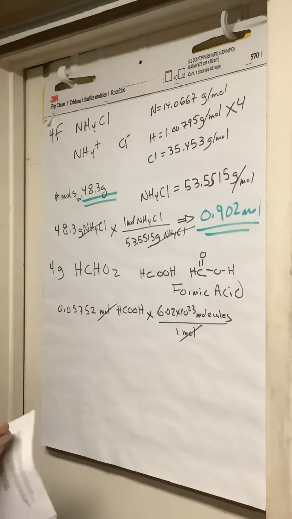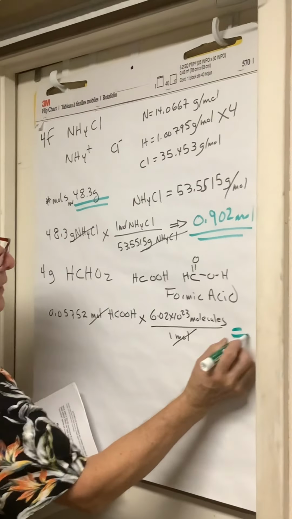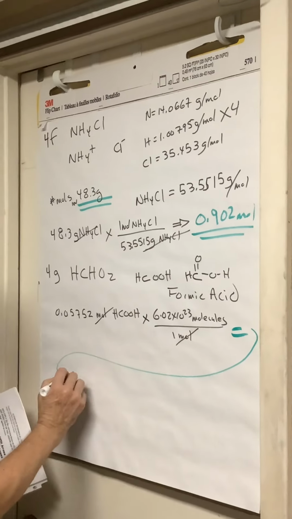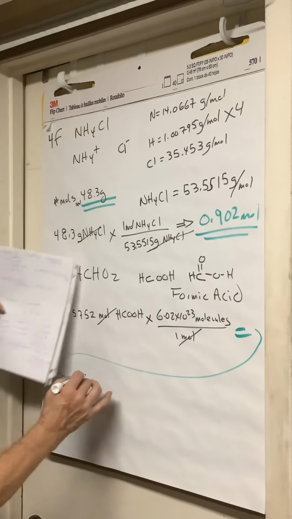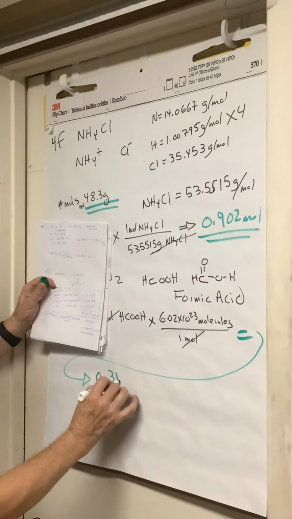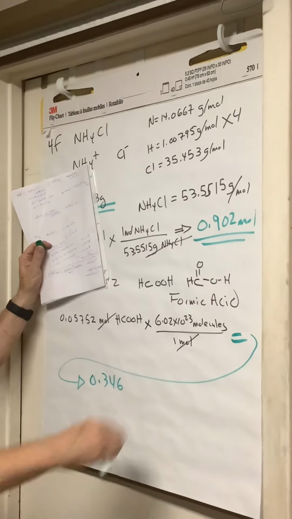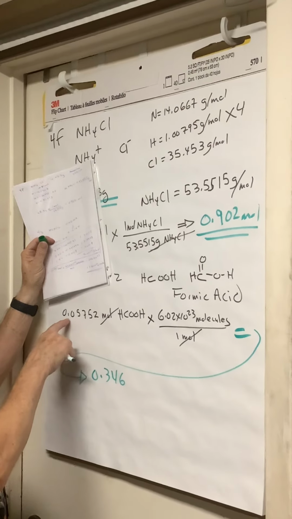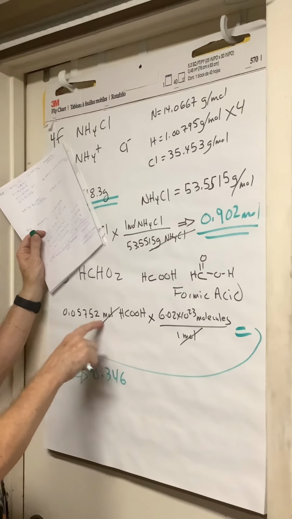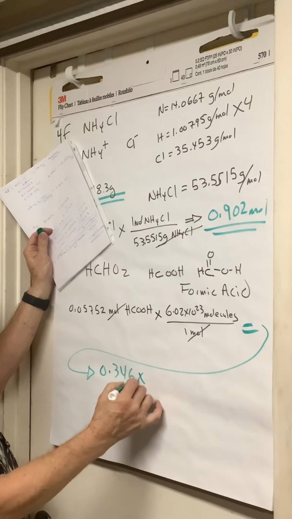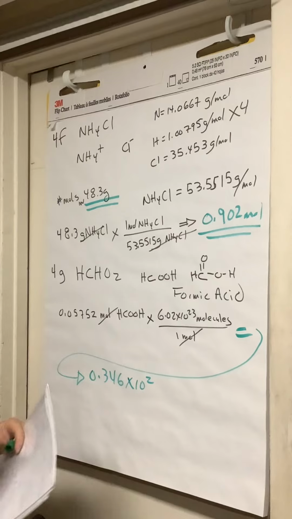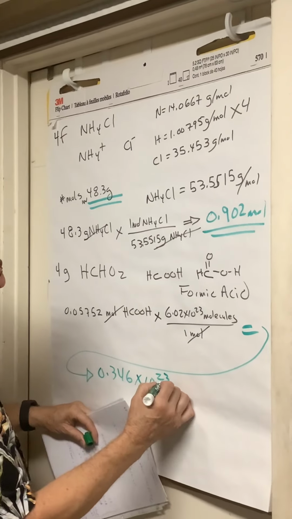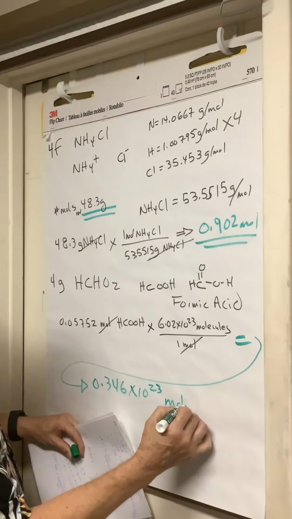I don't really have enough room to write my answer, but if you do that, I got 0.346 when I multiplied 6.02 times 0.05752. And of course, my powers of 10 would still remain times 10 to the 23rd molecules.